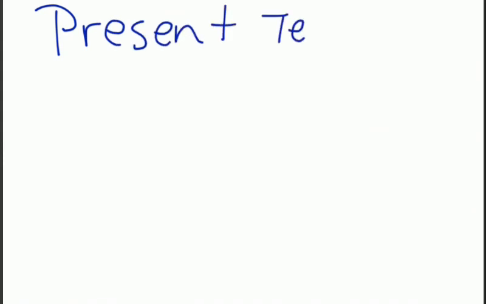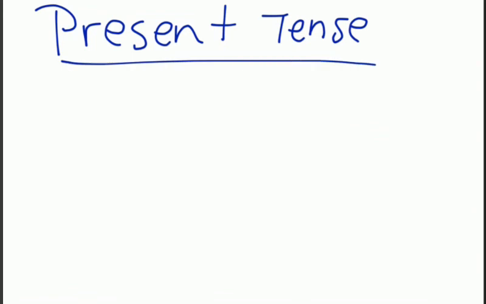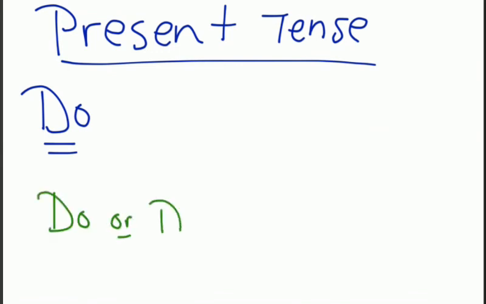Let's review for the do verb. We have present tense. We have do. Do in the present tense is either do or does.